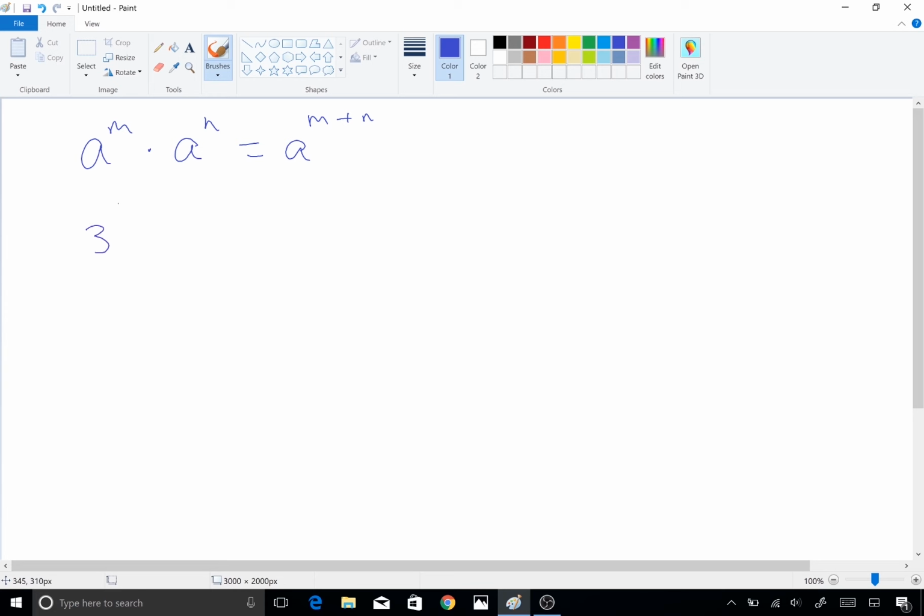So 3 to the 1/3 times 3 to the 4/3 equals 3 to the 1/3 plus 4/3, and that's 3 to the 5/3. That would be the third root, or the cube root, of 3 to the 5th power. Remember that to add fractions, you need a common denominator.